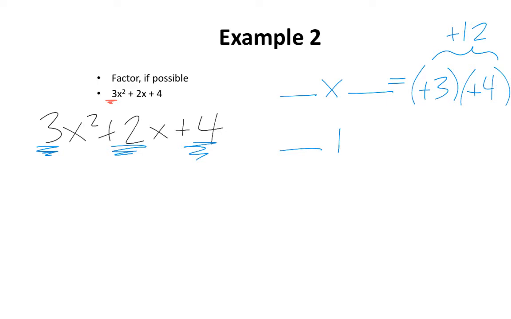Again, you want to think of the same two numbers that when added together will give you positive 2. You're going to be using some times table and mental math at this point, and you should be able to determine that there are no numbers that satisfy both of these two equations.